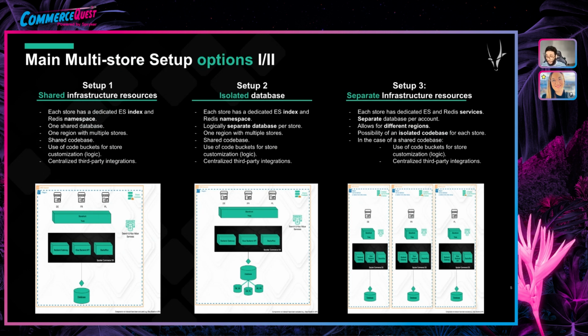It has their own deployments because it's a totally three different AWS accounts. Therefore, it allows for infrastructure or performance boost, especially if you have huge loads for one of the stores or for all of the stores. It includes also the separated data for the different stores.